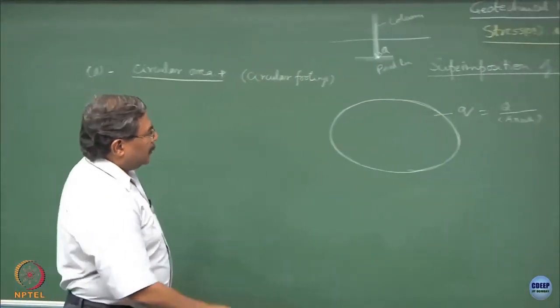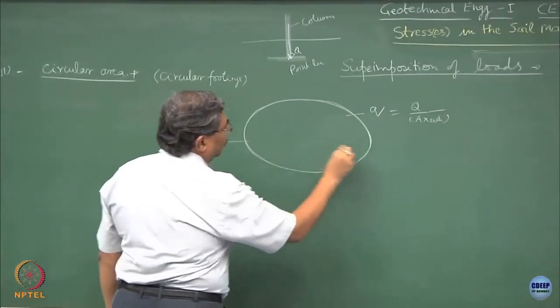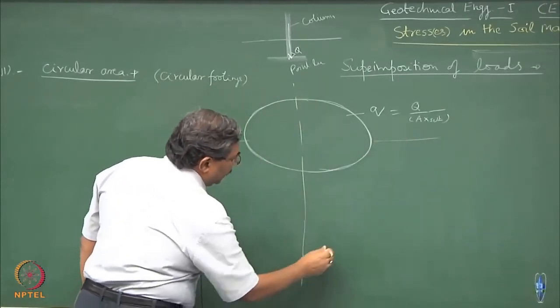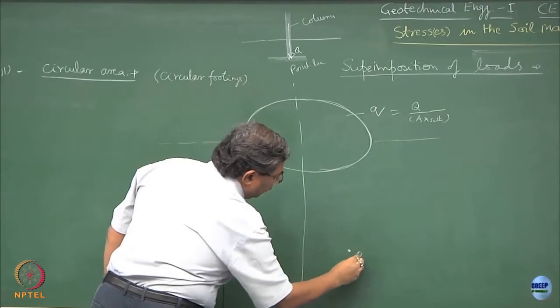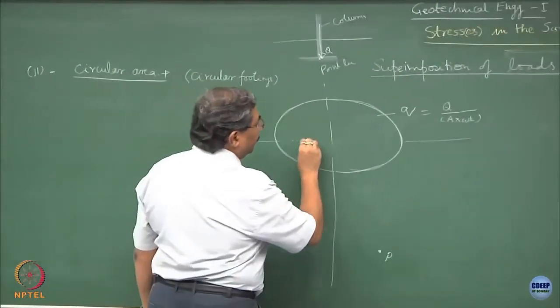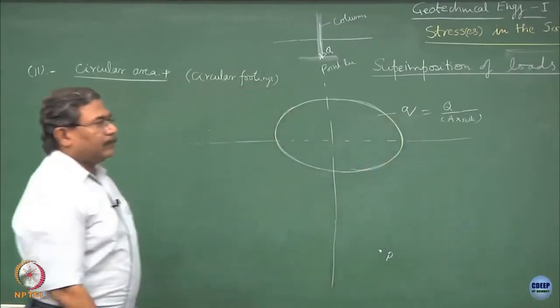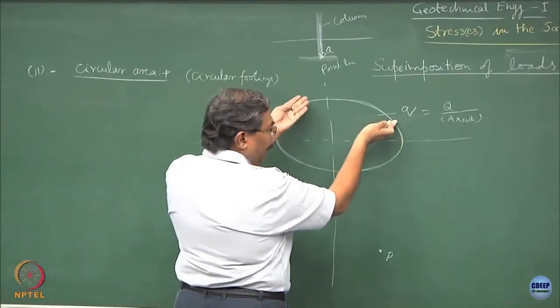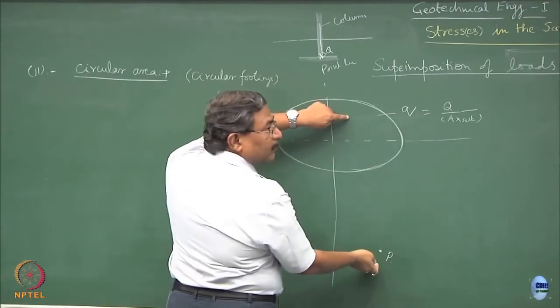And suppose I ask you to find out what is the state of stress at a given point P. This whole thing is resting on the ground, and because of this you want to find out the state of stress at point P.